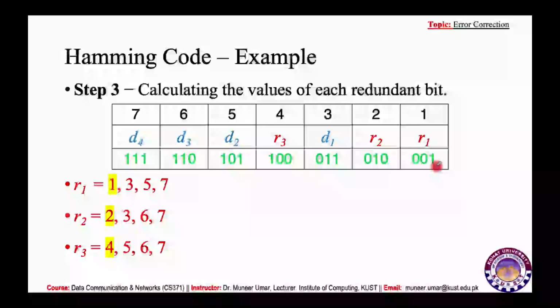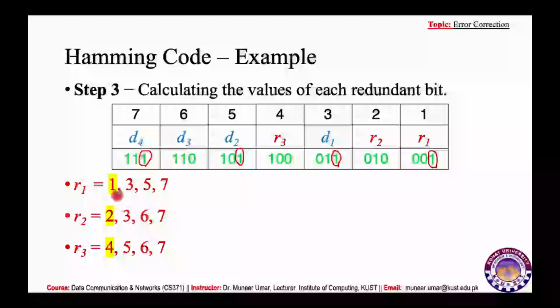So here at position 1 we have 1. I'm talking about the bits for these positions. So here we have 1 and here we have 1. So these positions are for R1 whose first bit is 1.